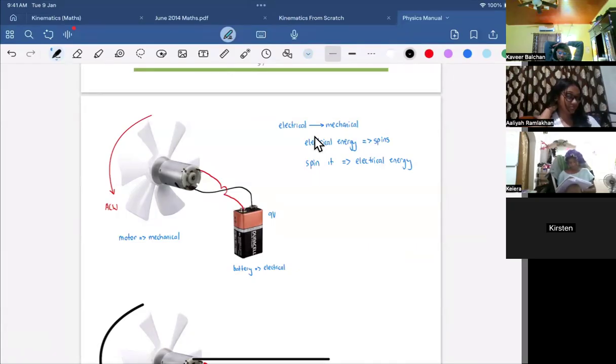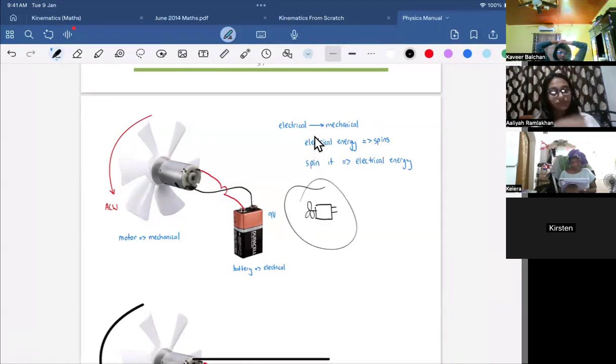I'll look for a simple diagram. It's really not that hard to draw.